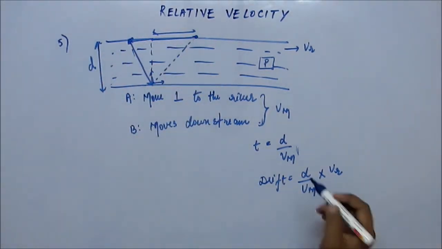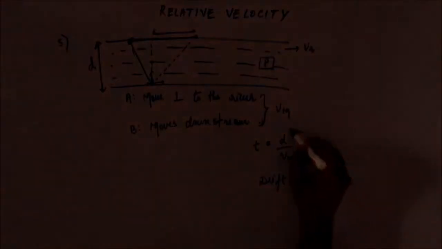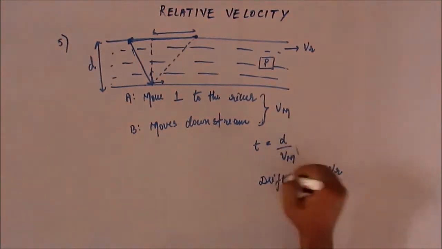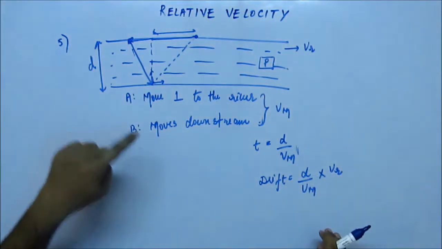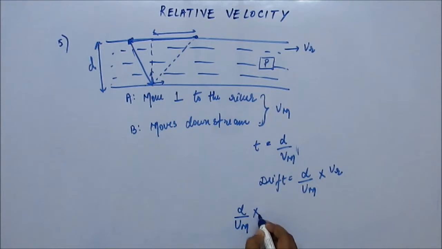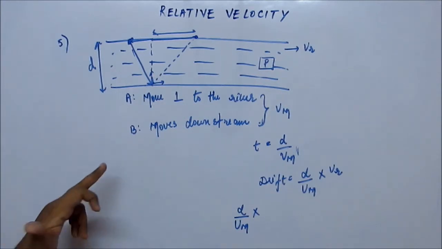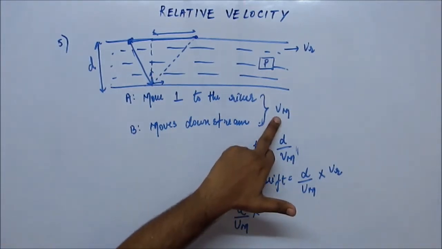Now during the same time, that is d upon Vm, B has traveled some distance, and the distance traveled by B would be the time of the journey into the velocity component of B. Now B is going downstream, and B also moves with the same velocity of its own, Vm.